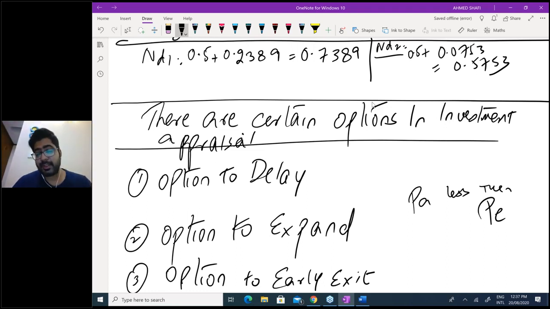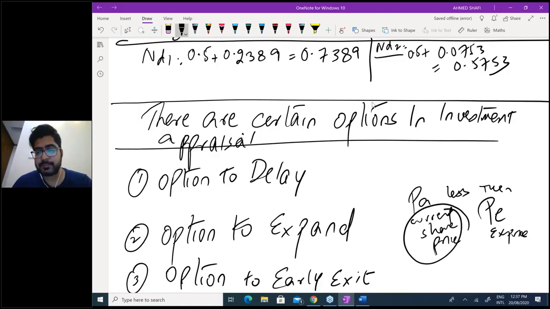But still, logically speaking, PA is the current share price, and PE is the exercise price. Logically speaking, current share price should be lower than exercise price.